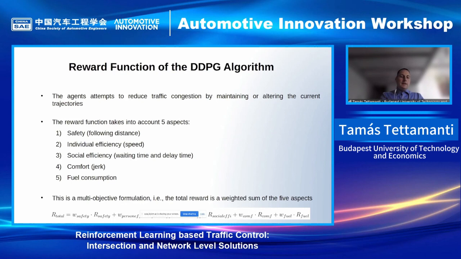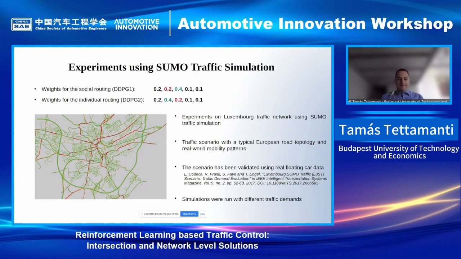So this reward function is recast in a multi-objective way, where the total reward is a weighted sum of these aspects. And of course, the question is the weightings, but we made different experiments so we can compare how it works.